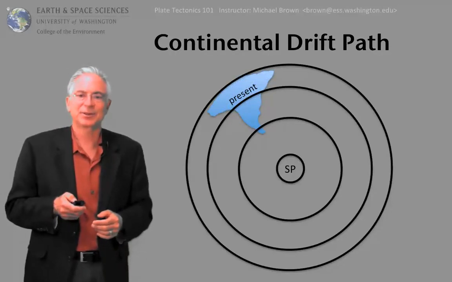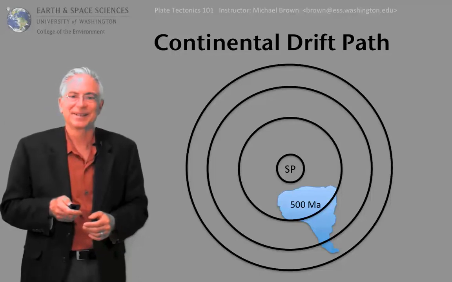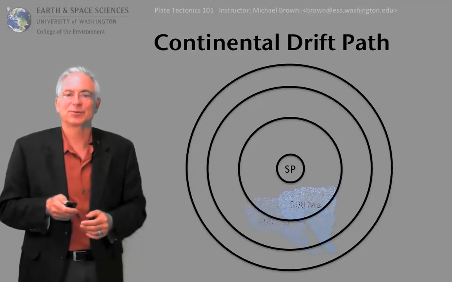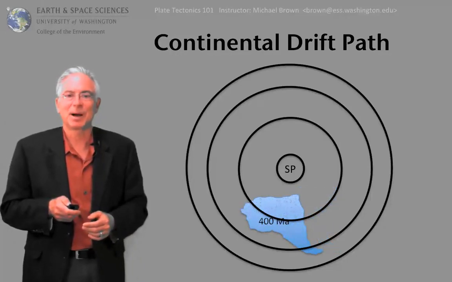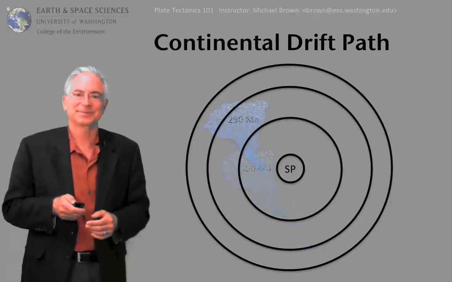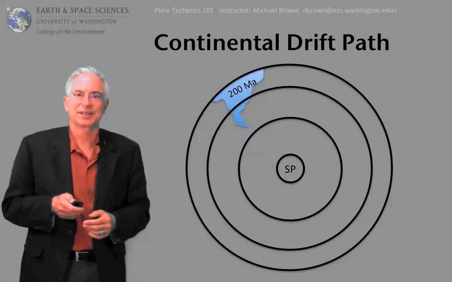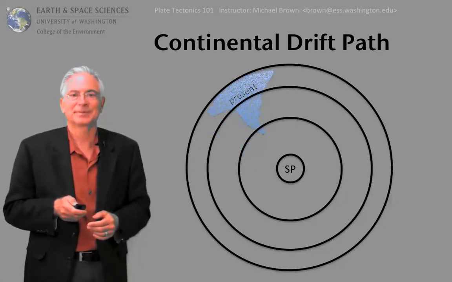Shall I do that again? So here, the South Pole is to the northwest of South America, but as South America drifted along, it drifted by the South Pole and then off to the north, relative to a fixed magnetic pole.